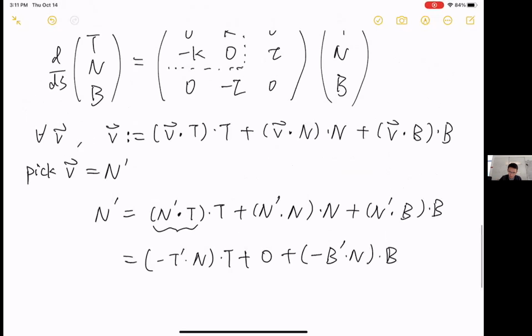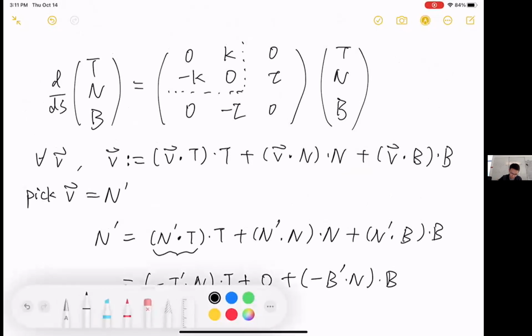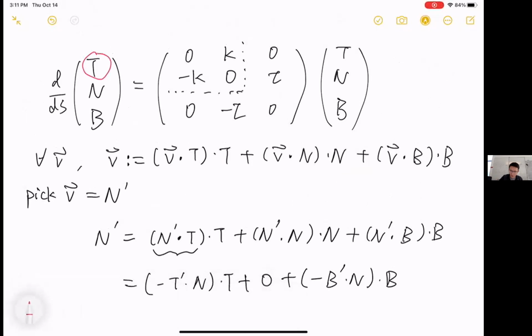Then let's make a further observation. What is T prime? So here, the first entry, we're actually calculating T prime.